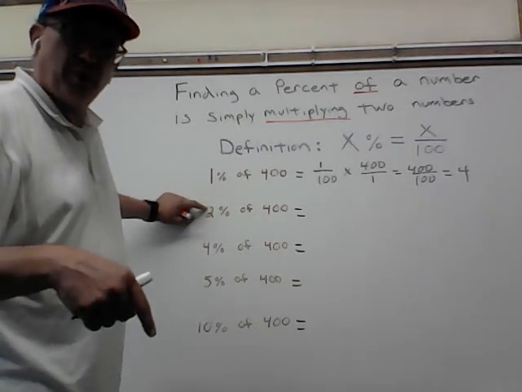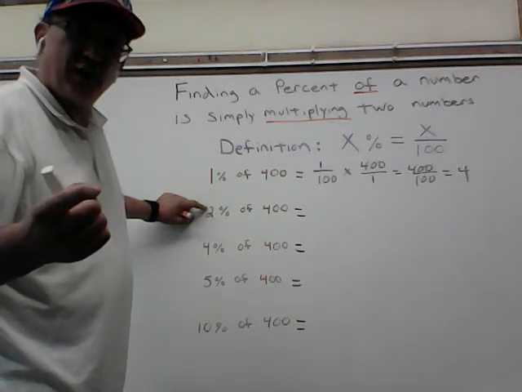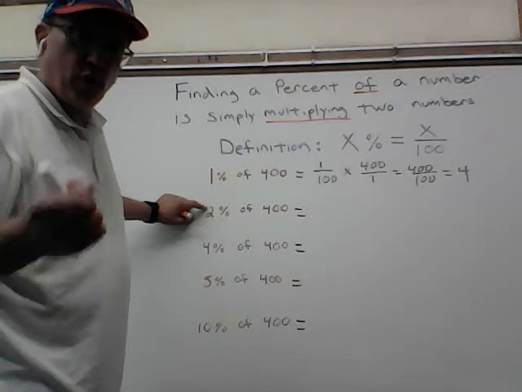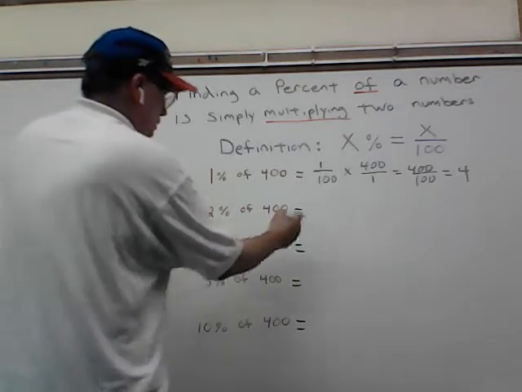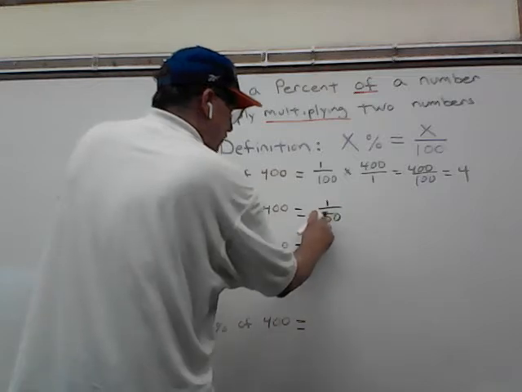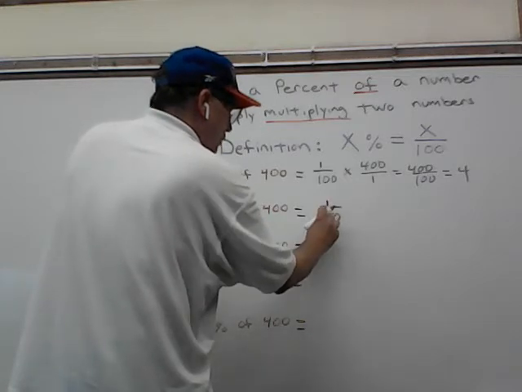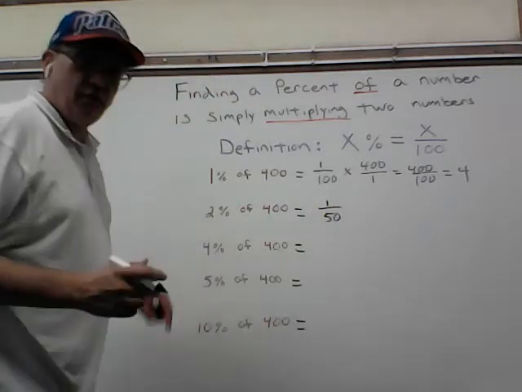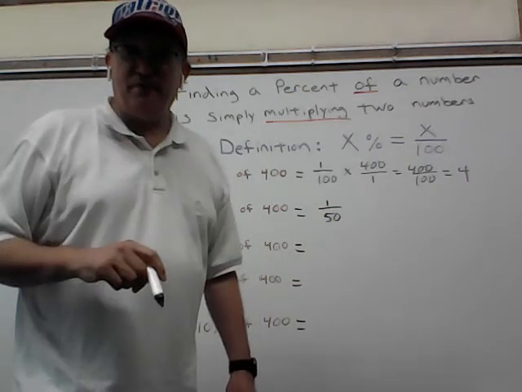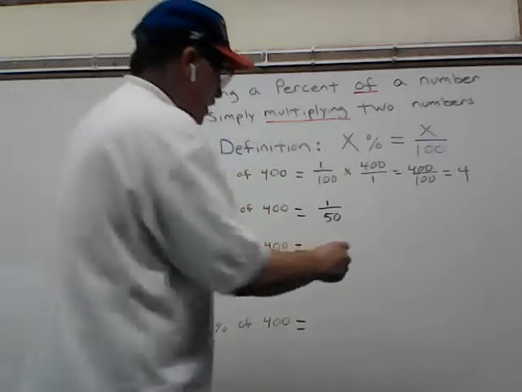But what does that fraction simplify to? You should know. It's 1 over 50, right? 2 over 100 simplifies to 1 over 50. So make sure you understand the significance of this. 2% is another name for 1/50th. It's another name for 2 over 100 initially.